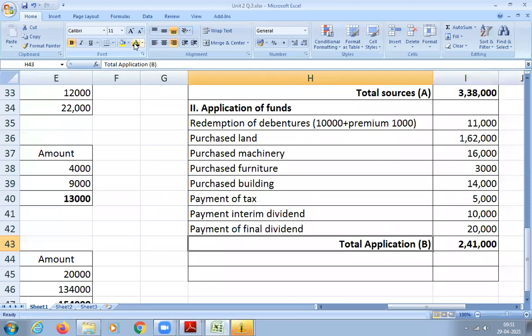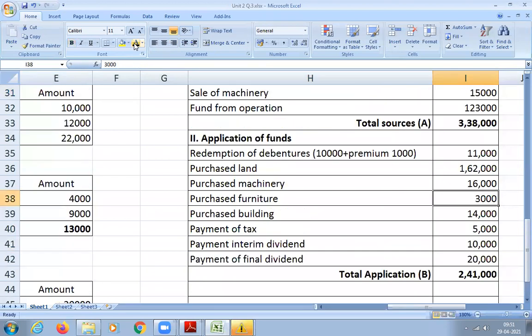Now calculate net working capital, either increase or decrease. Increase, sir. 97,000. Net working capital is increasing. Others? 97,000. Same answer.